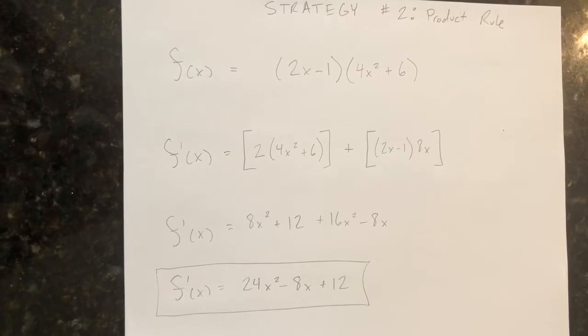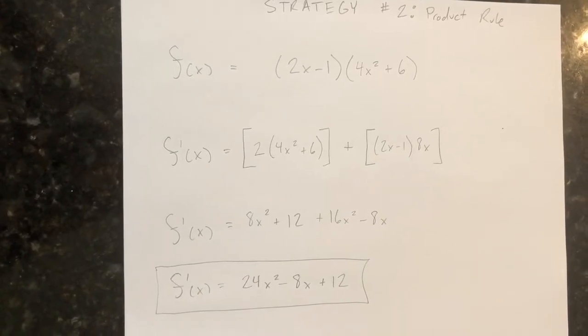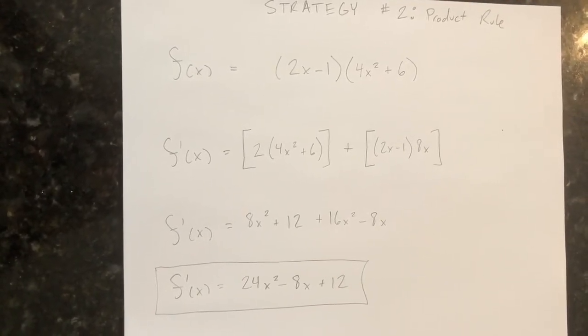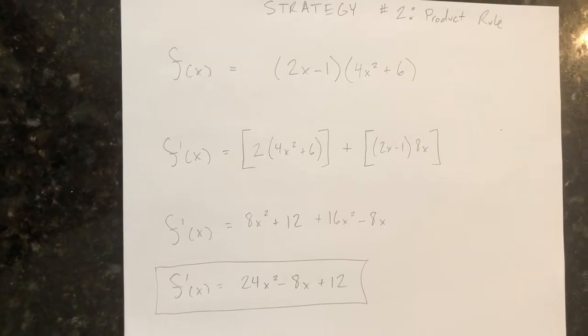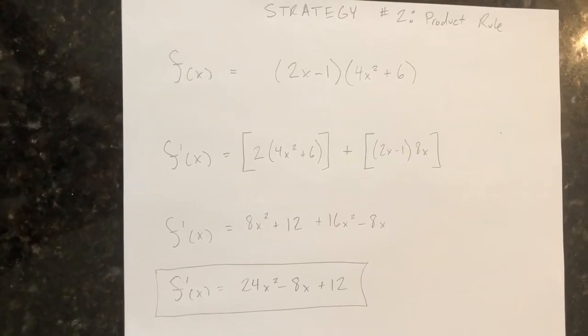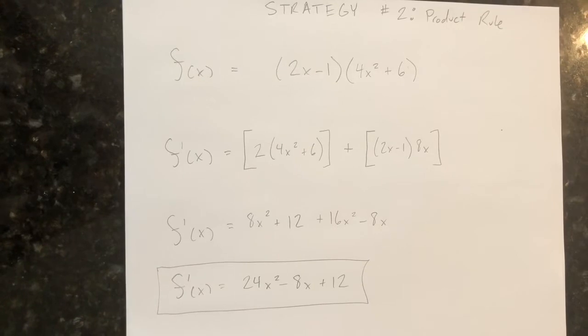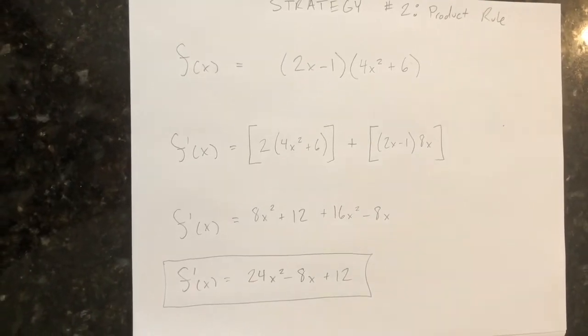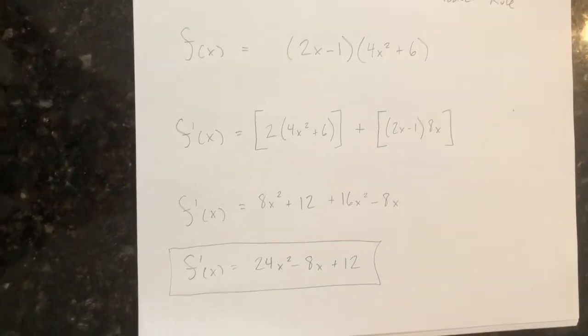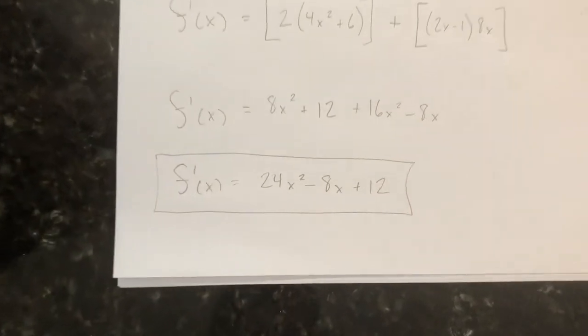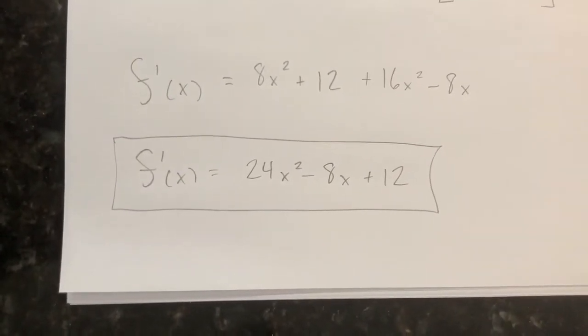Then we add this to the original function of function a, 2x minus 1, times the derivative of function b, which would be 8x. Now, adding this together, you see that we get the derivative of 24x squared minus 8x plus 12.